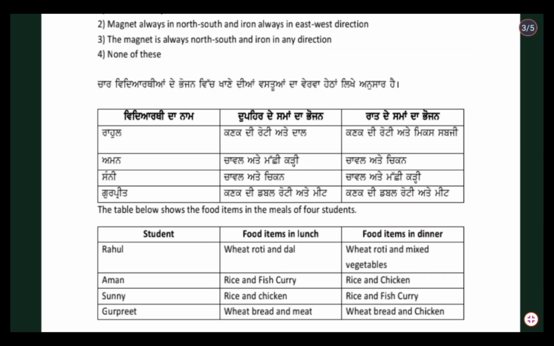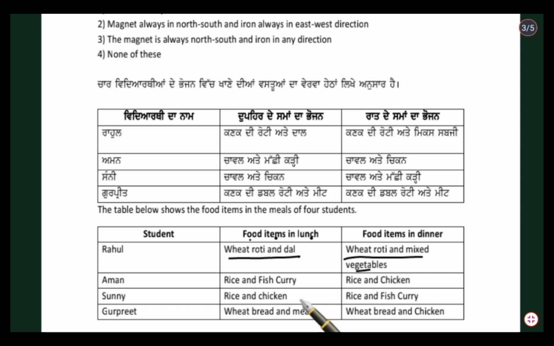Now here we are given a table, right? So after going through this table, we have to answer some of the questions asked only from this table. Okay. So Rahul, food items in the lunch, he eats wheat roti and dal. In dinner, he eats wheat roti and mixed vegetables. Aman, rice and fish curry, rice and chicken.